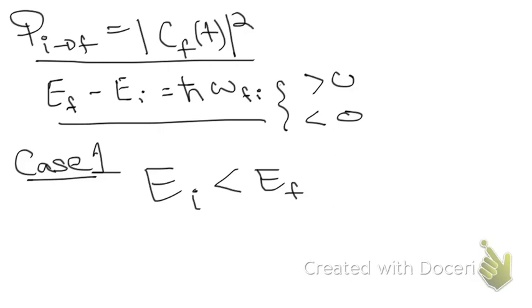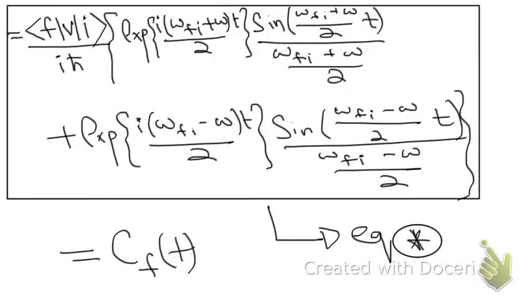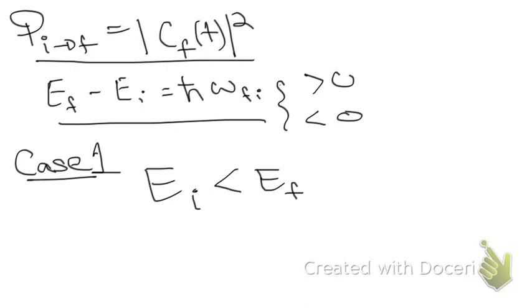And the second term in my equation star, this term over here, is then going to be large for an excitation frequency that matches the Bohr frequency, so the excitation frequency omega is equal to omega fi.